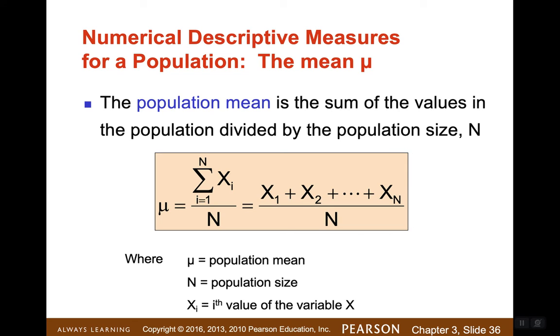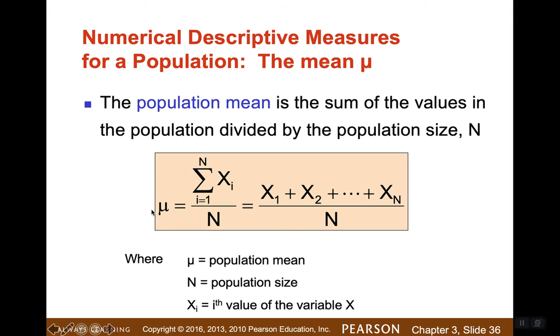So we'll look for the mean. The population mean is the sum of all the values in the population divided by the population size N. The population mean is defined as mu.